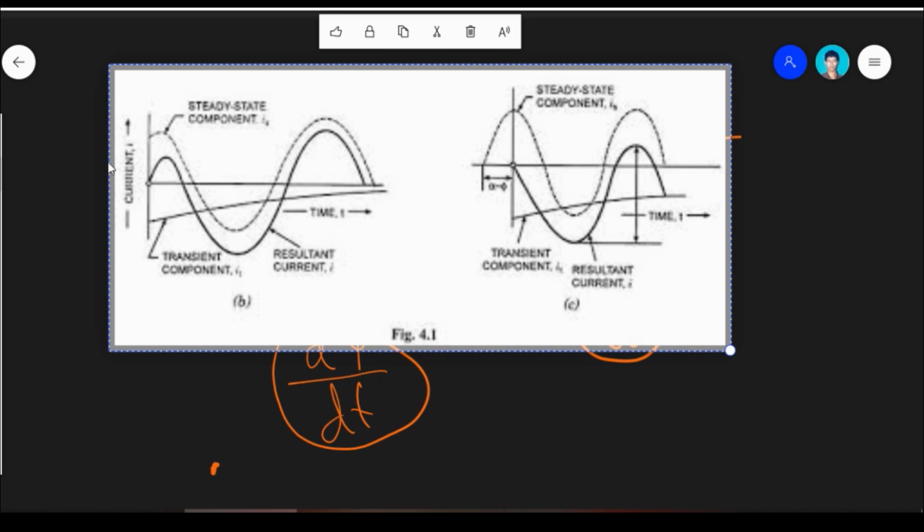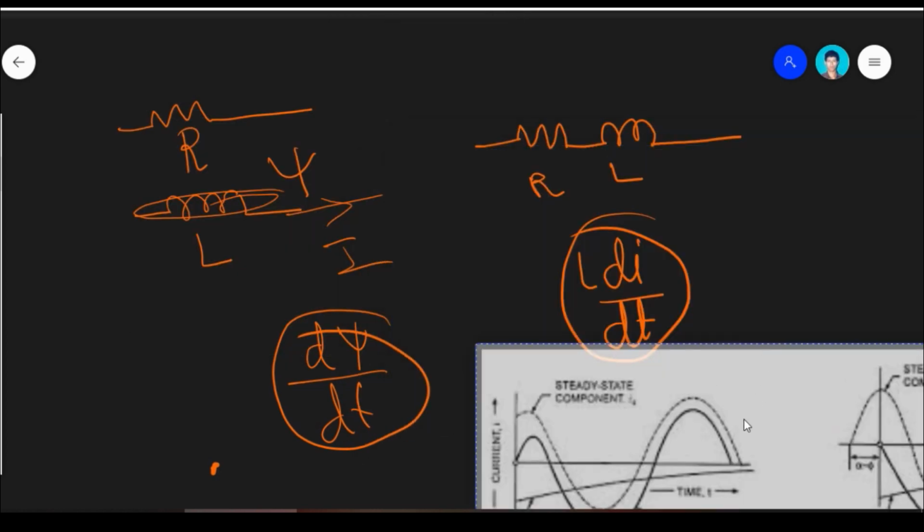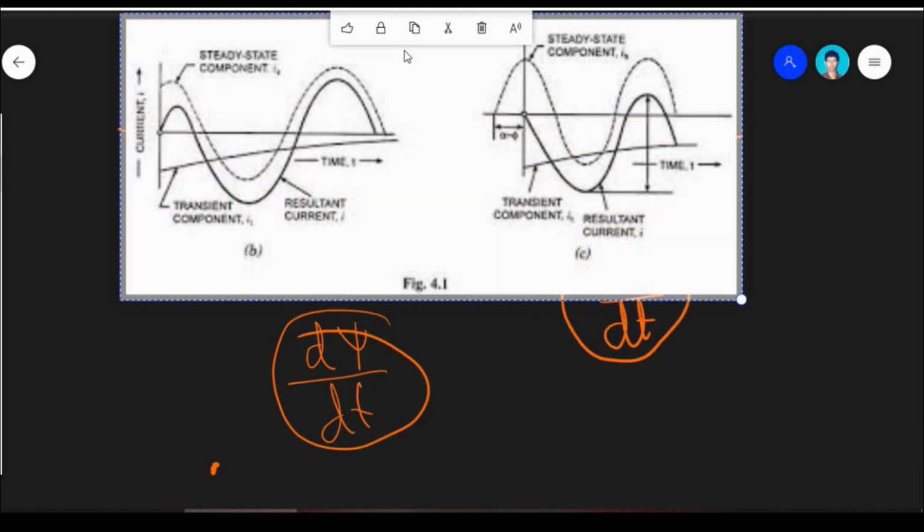So what is the essence of showing you all this? Your resultant current is a combination of your transient and steady state. Do remember, steady state is only sinusoidal in nature, while the transient is monotonically decreasing or monotonically increasing.